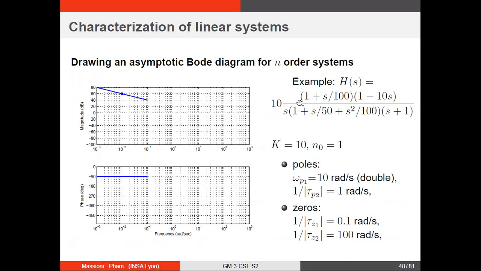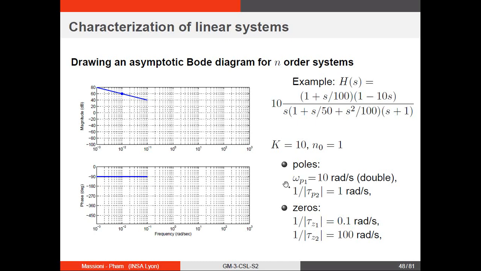These are called the zeros. So this one for s equal minus 100. So we have a negative real part zero at 100 radians per second, and then we have 0.1, so a positive real part zero at 0.1 radians per second.